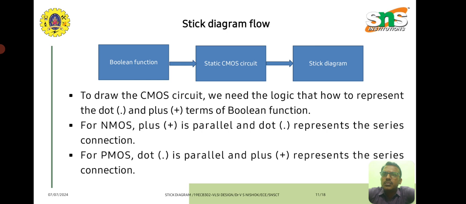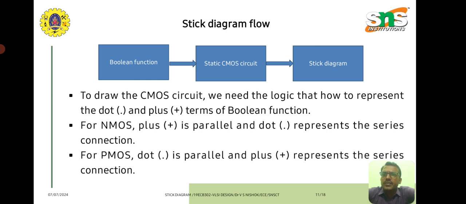To draw the CMOS circuit, we need the logic of how to represent the dot and plus terms of the Boolean function. For NMOS, plus is parallel and dot represents the series connection. Similarly, for PMOS transistors, dot is parallel and plus represents the series connection.